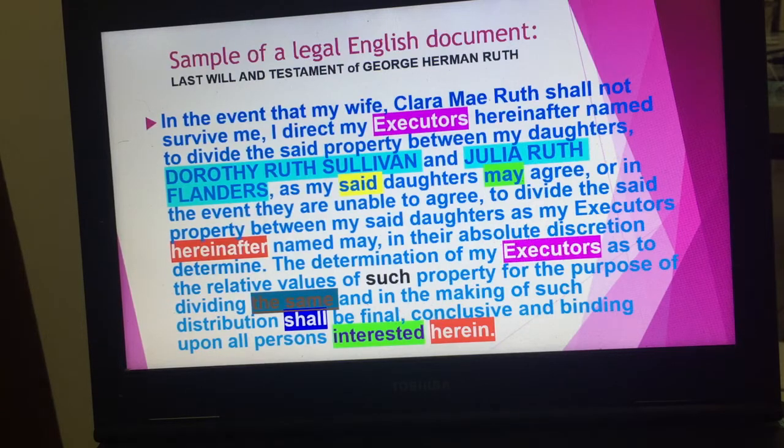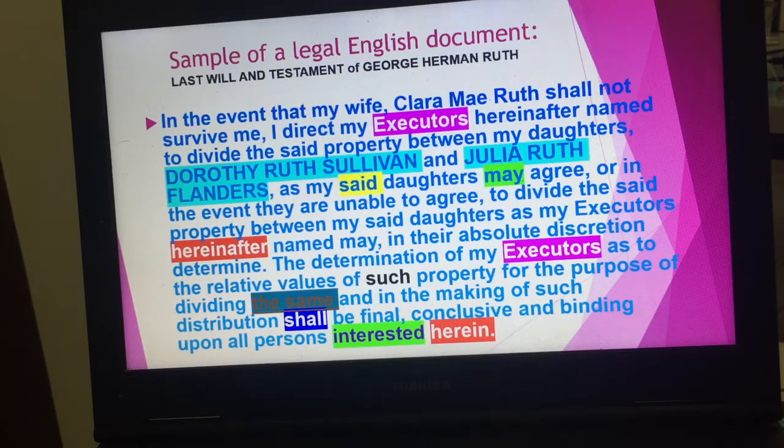The determination of my executors as to the relative values of such property for the purpose of dividing the same and in the making of such distribution shall be final, conclusive and binding upon all persons interested herein.